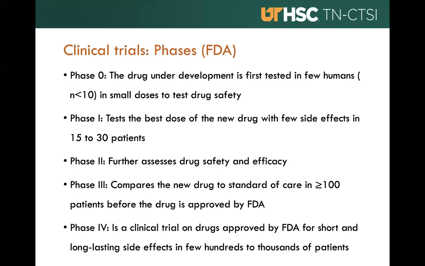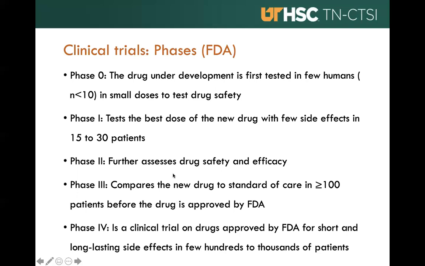The next phase is phase 1, which tests the best dose of the new drug, with few side effects, in about 15 to 30 patients. So this is also conducted in a very small number of patients, and the purpose is again to test the safety of the drug in the human population.